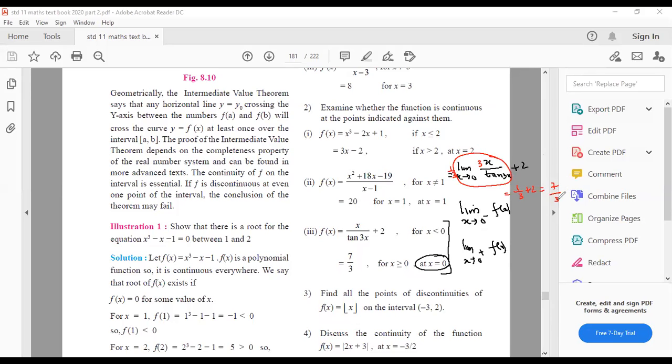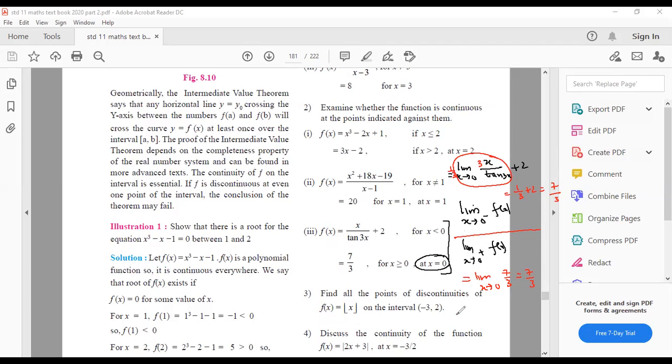Then we have to calculate limit x tending to 0 plus f of x. When x is more than 0, what is the function? X का value 0 से ज़्यादा है, तो 7 by 3 है ना? Yes, sir. So the answer will be 7 by 3 only, continuous. When x becomes 0, 7 by 3 will not change. It will be 7 by 3 only. Is it okay, Nandana?